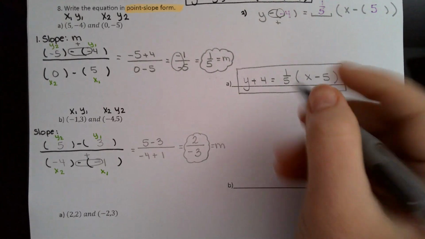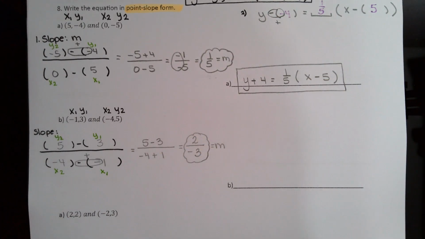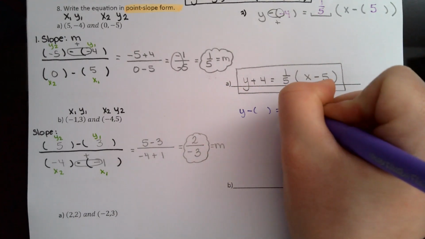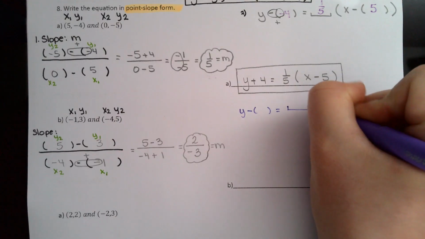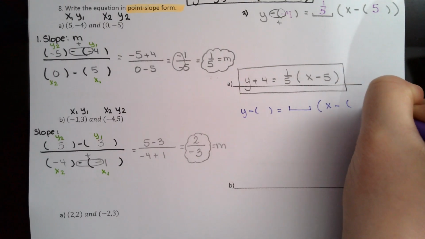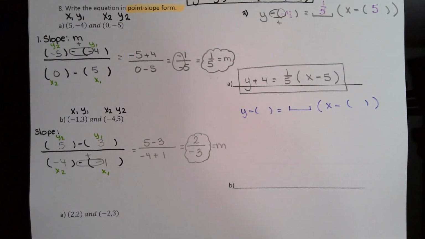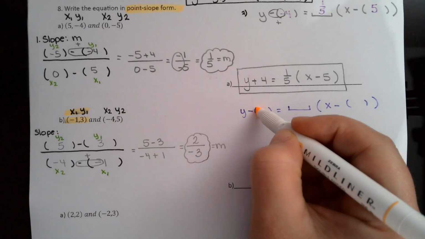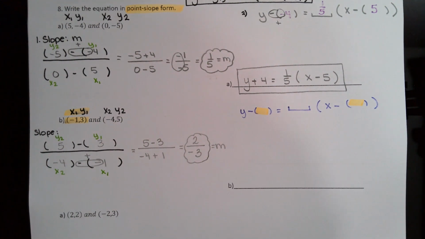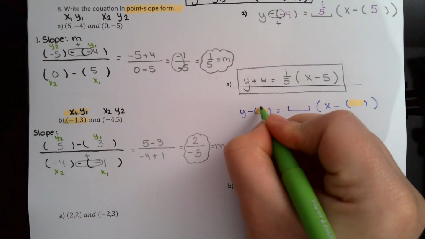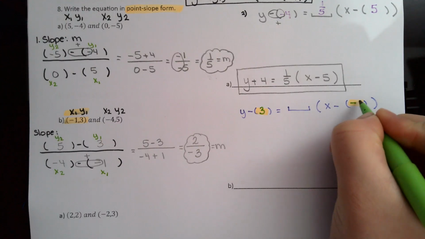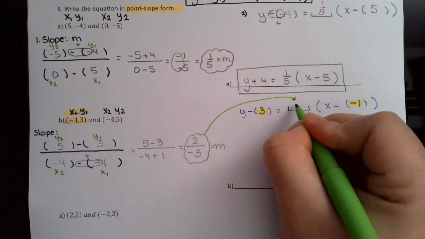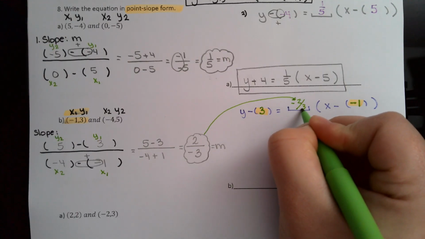So now we write out our formula. y minus y1 is equal to, leave some space for m, open, x minus x1. And again, I'm using this right here. We get y1 is 3, x1 is -1, and our slope is -2/3.